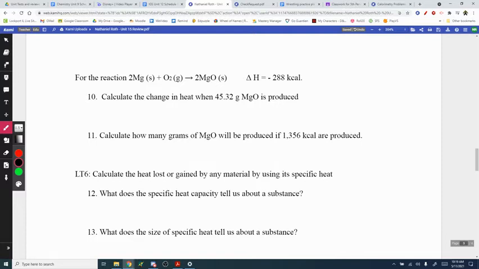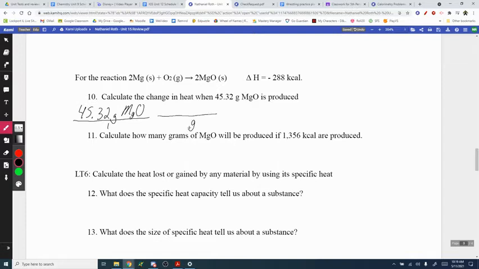Okay, cool. All right, so next, calculate the change in heat when 45.32 grams of magnesium oxide is produced. So we do our given: 45.32 grams of MgO for 1.